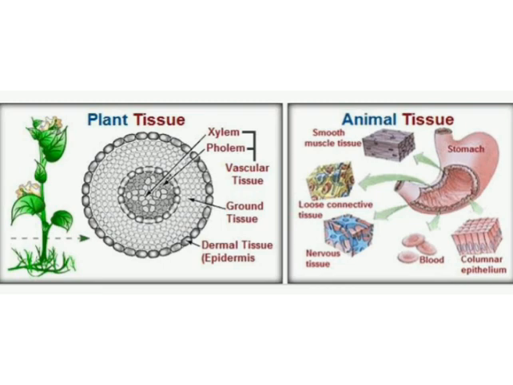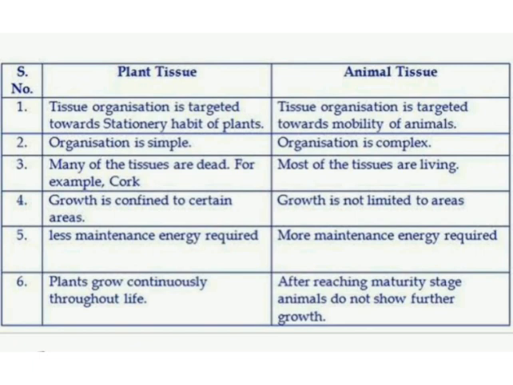Let's check. Plants need less energy compared to animals as they don't move, and most of the cells in a plant body are dead. Most of the tissues in plants are supportive, giving mechanical strength to the plant body.